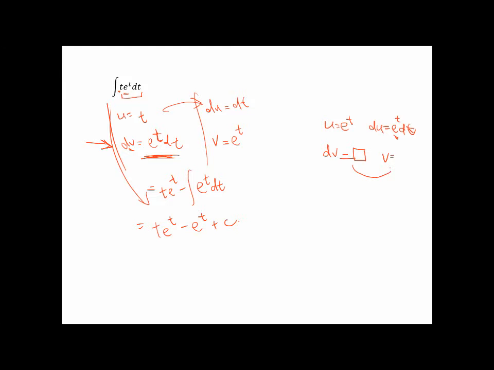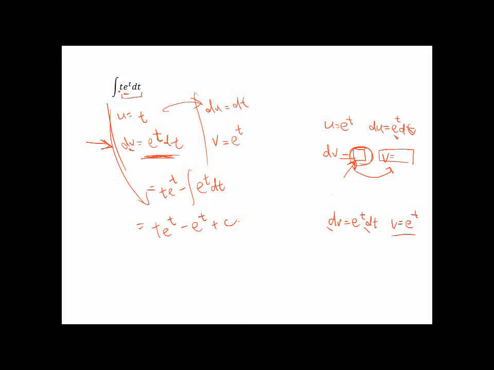We don't want to take the antiderivative of that, since it could possibly be something complicated, and I may make a mistake when doing the antiderivative. However, if I put dv equals e to the t dt, the d's match up, right?